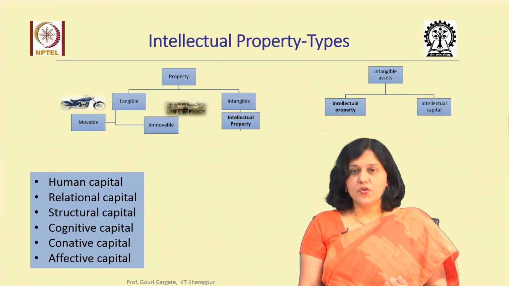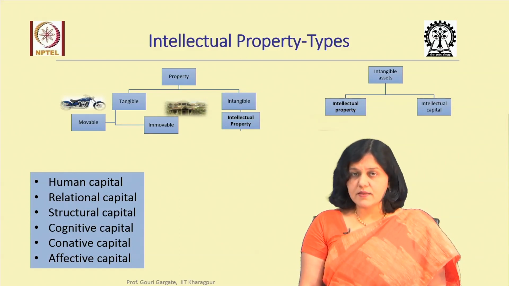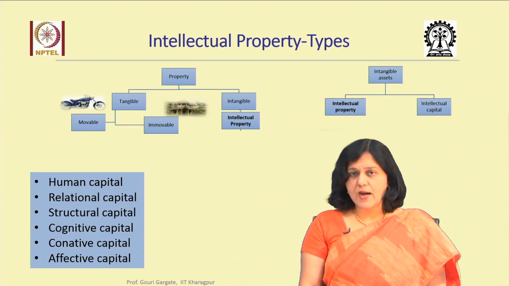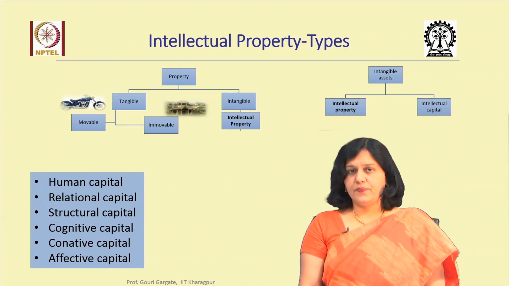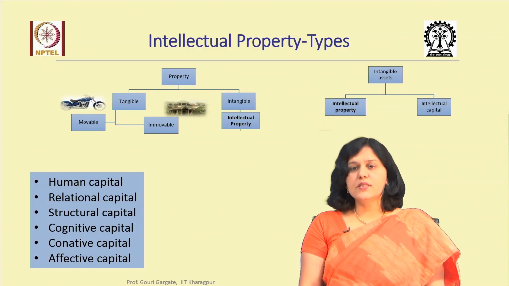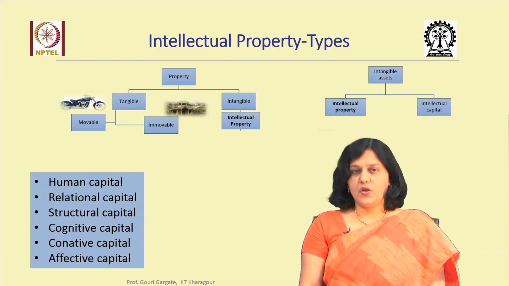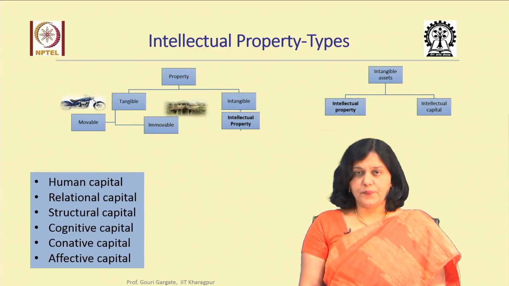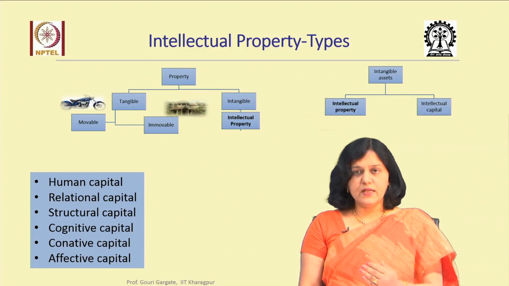Relational capital of your college or school will be vendors, suppliers, any collaborations with other organizations. You can add to this list. Now, next is structural capital. This includes the infrastructure of your college or school. So, these three are the major types of intellectual capital: human, structural and relational.